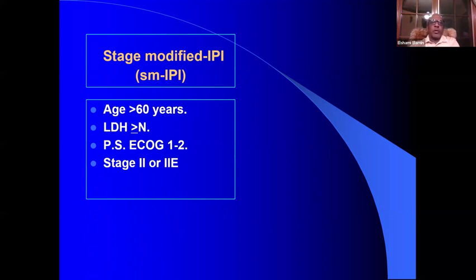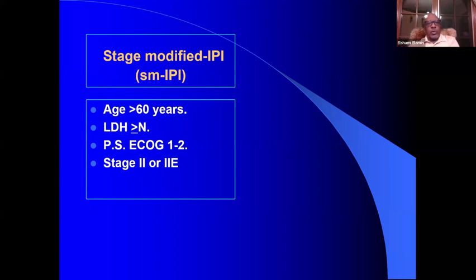ECOG of 1, some symptoms. ECOG of 2, has symptoms, but is more than 50% up and around, could do things. ECOG of 3, less than 50% activity, more than 50% is spent in bed or confined to home. ECOG of 4 means the patient is bedridden.